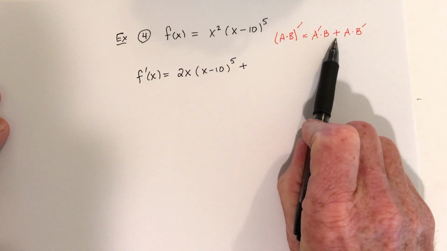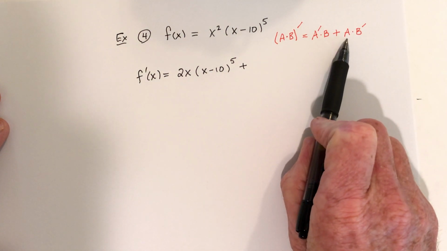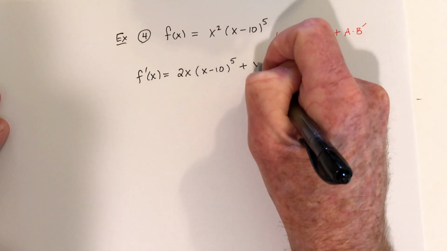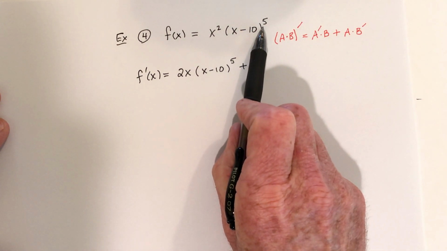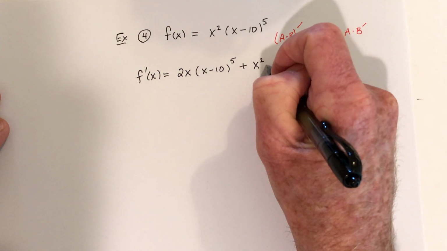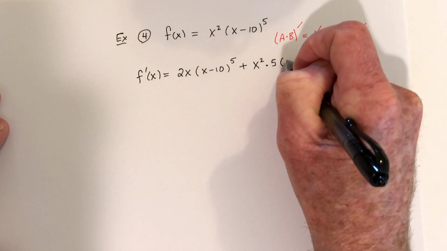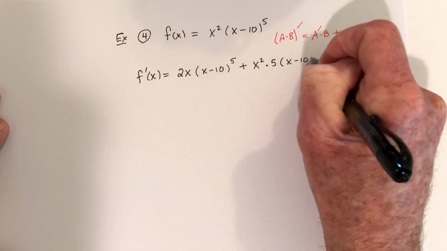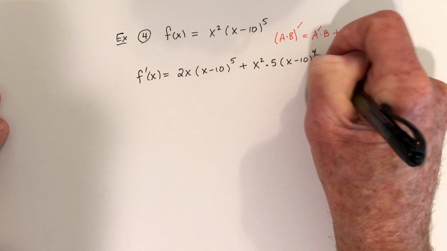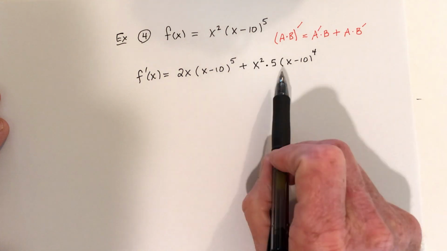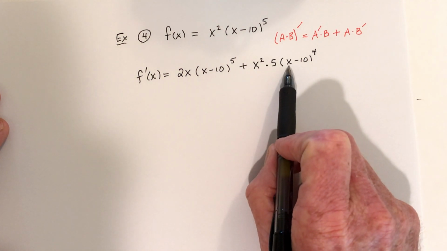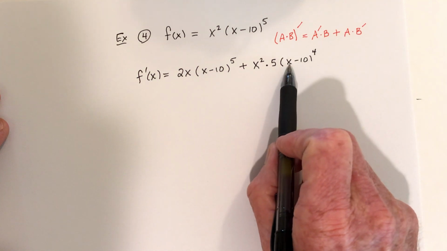And then plus, this time just copy down the first function, x squared. And now take the derivative of this one. So that means that the 5 goes in front, and then x minus 10, subtract 1 from the exponent, and so there's the derivative of this. And then the chain rule would say, now you need to take the derivative of what's inside the parentheses.